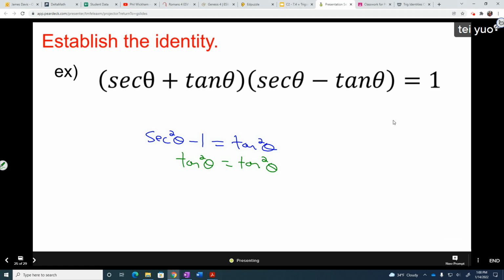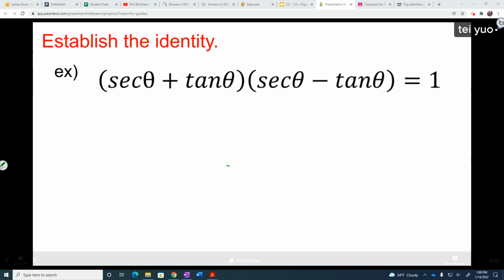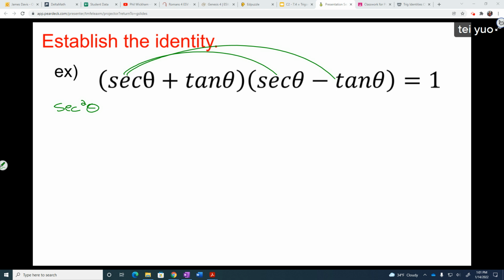Try this one. Secant theta plus tan theta times secant theta minus tan theta. So we're going to want to FOIL this again, right? We're going to do secant times secant to start. That gives us secant squared. Our outer is going to be a minus secant tan.